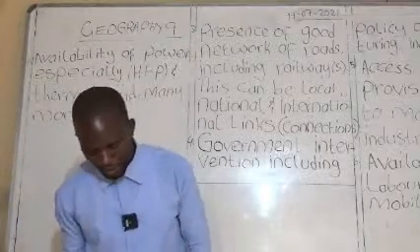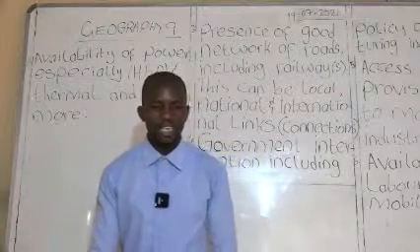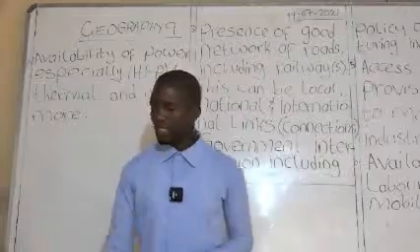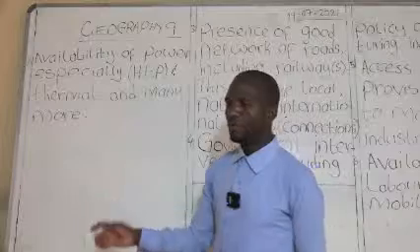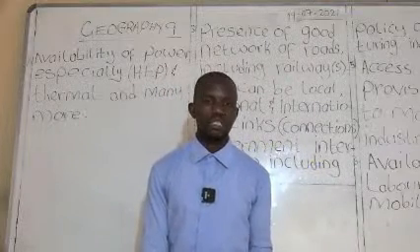Having looked at this, we're going to talk about the distribution of industries. Here, I'll just talk about a few things for today because I want everyone to understand all these factors so that the next time we meet, we shall talk about the types of minerals.